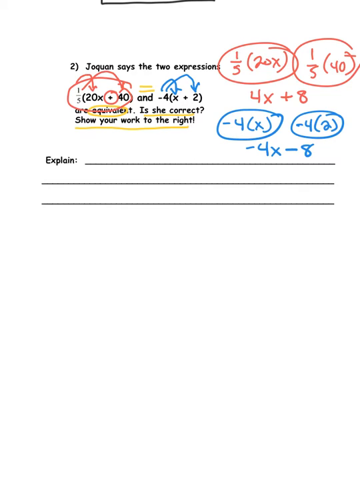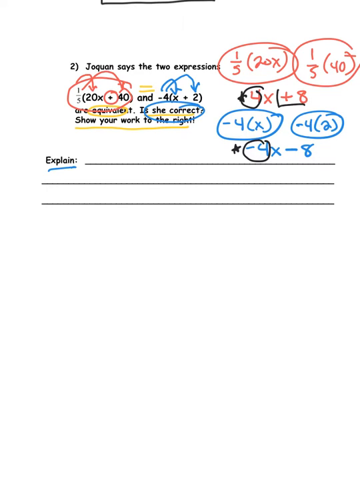Now because it asked if she was correct, we need to explain why or why not we feel that the expressions are equivalent. As I look at the coefficients of both of these expressions, there's a positive 4 for the first one, but a negative 4 for the second.